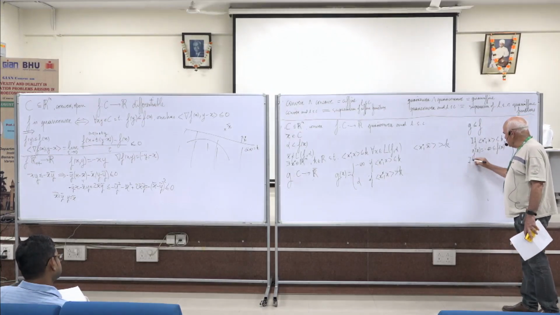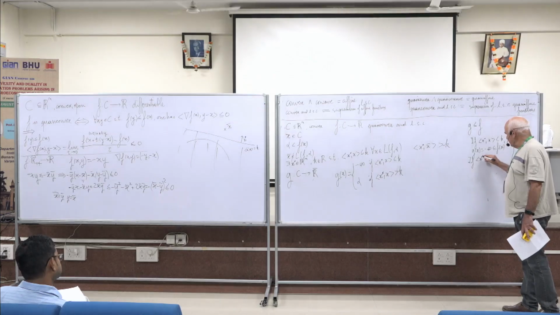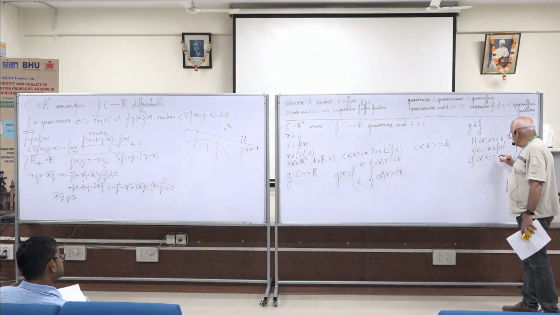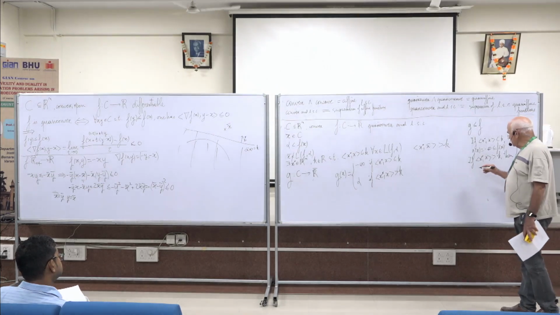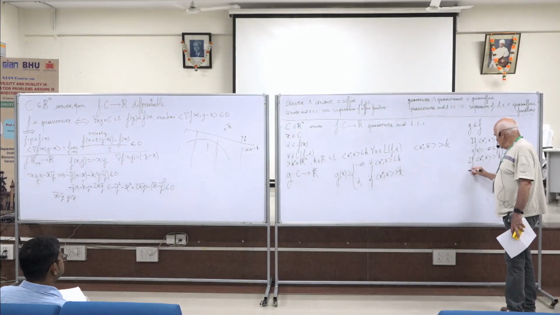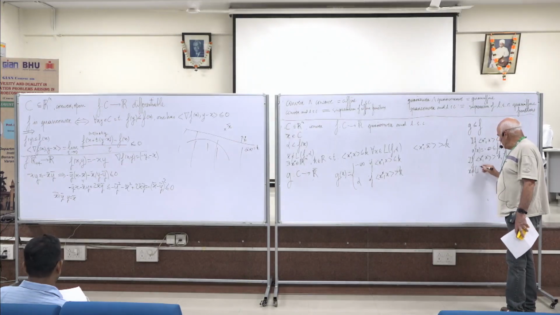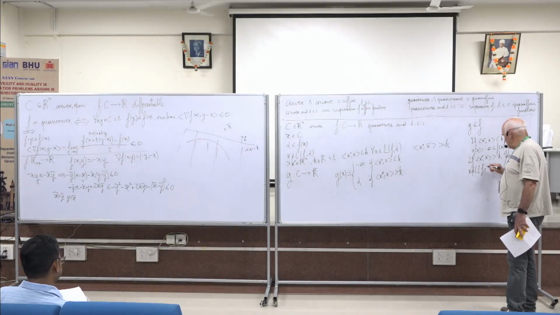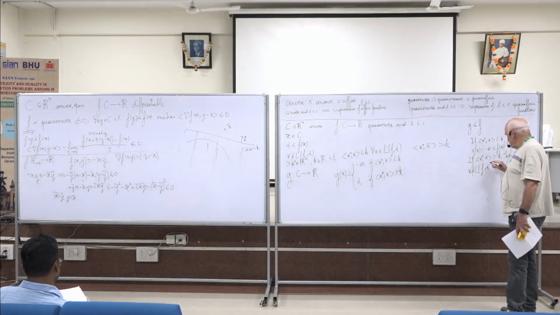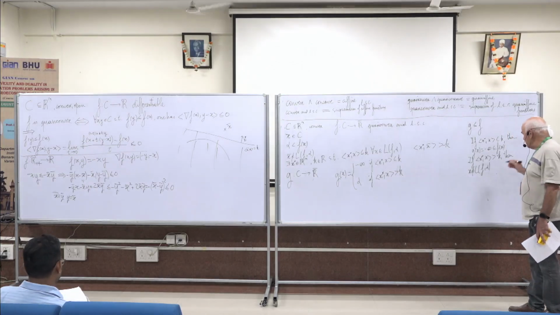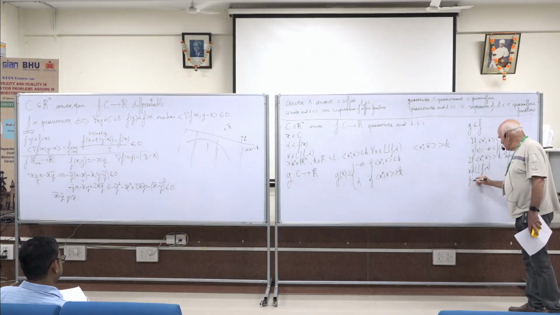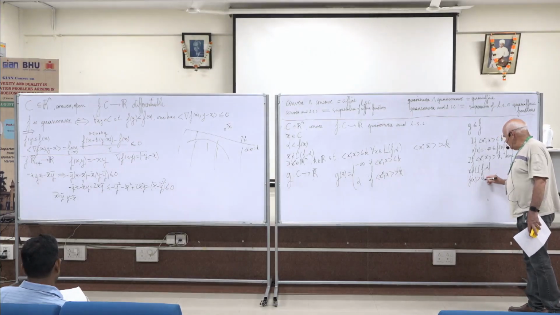Now, if x star x is greater than k, then this x does not belong to the lower level set of level alpha, which means f of x is greater than alpha.